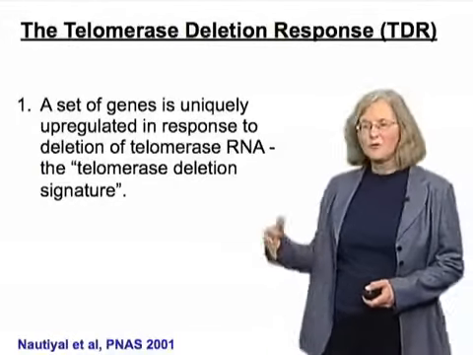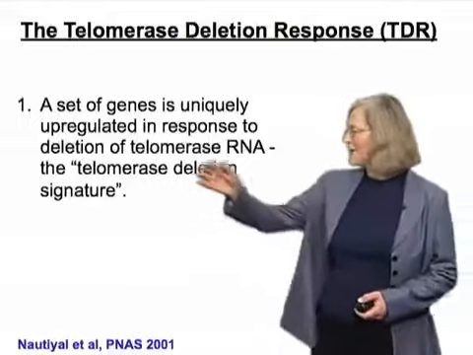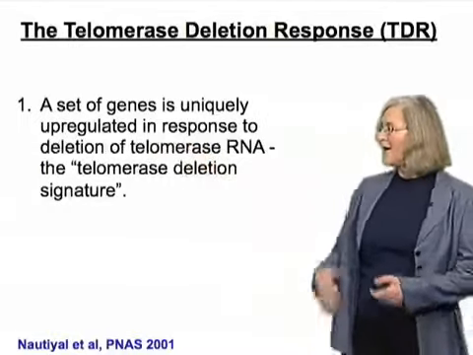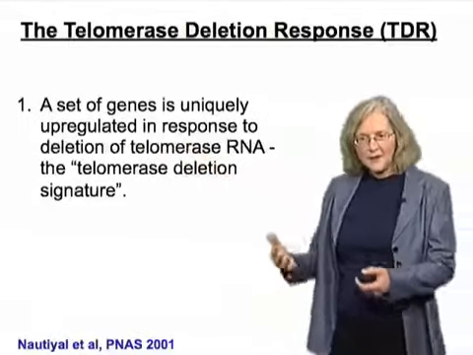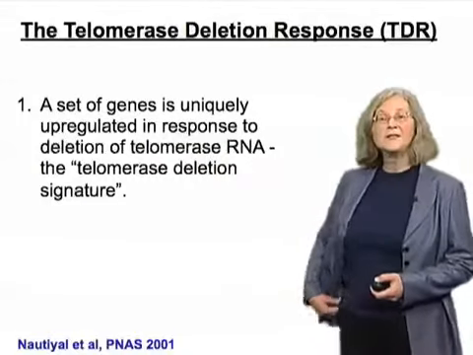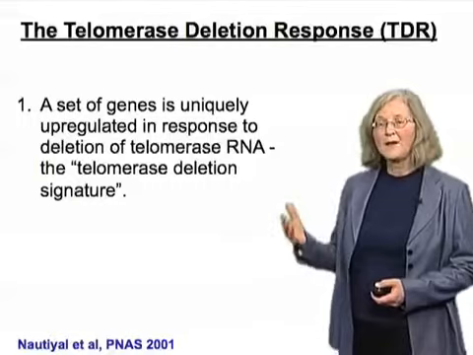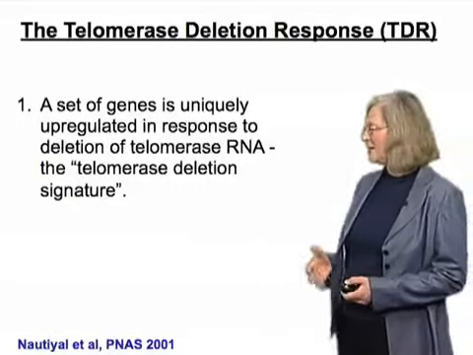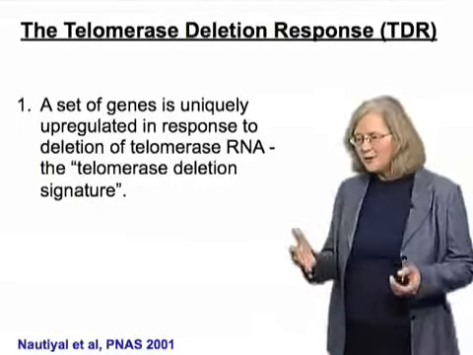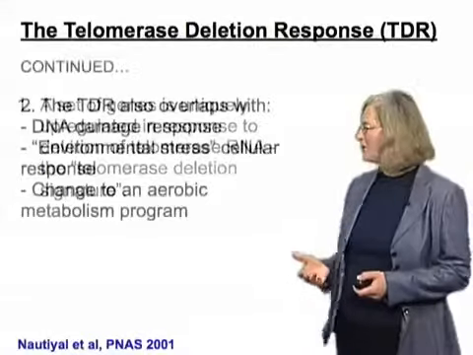So that would be a group of those that showed up as red because they were upregulated. And that hadn't been seen by any other manipulation. So the cells indeed were sensing that they were losing telomerase, and they responded in a particular way by changing their physiology, which we read out as a change in gene expression profile.